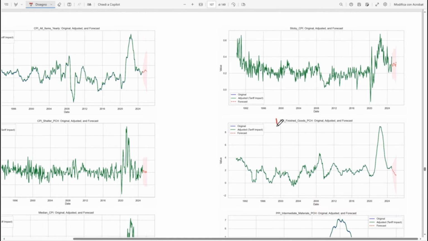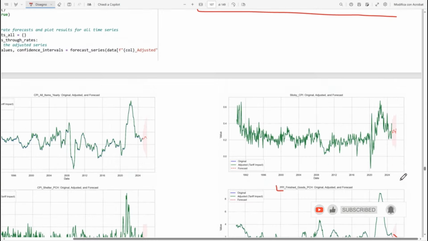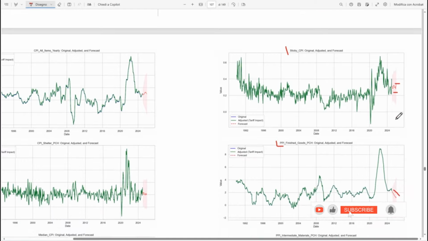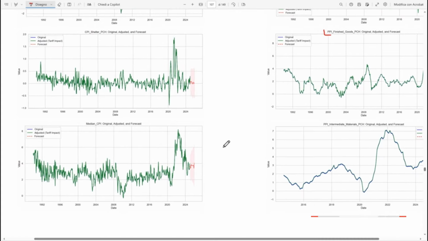But instead we have some other sorts of outcomes for the producer price index. Either the forecast is for a decline, which is very interesting. Sticky prices would be in this range, but we can see that the outputs are not very accurate. So I can try to navigate through the charts and see if there is some reason to take them into account.